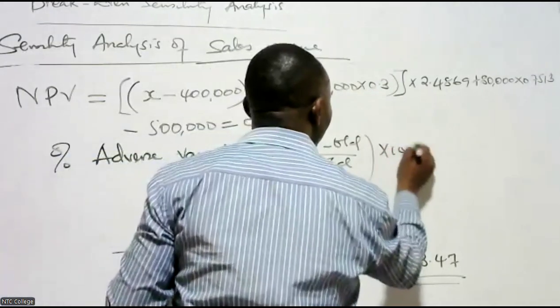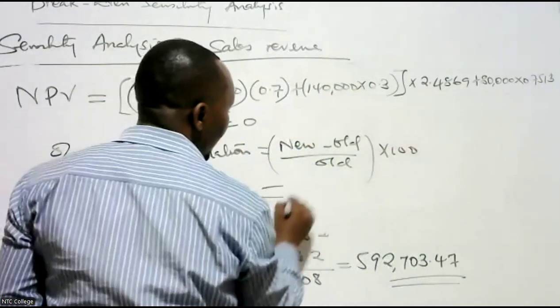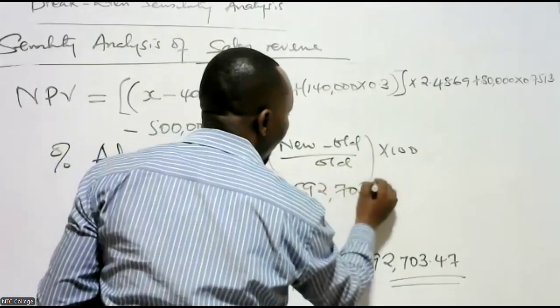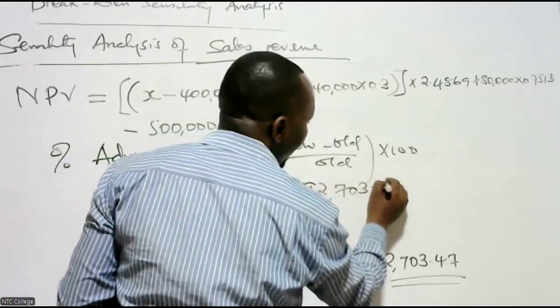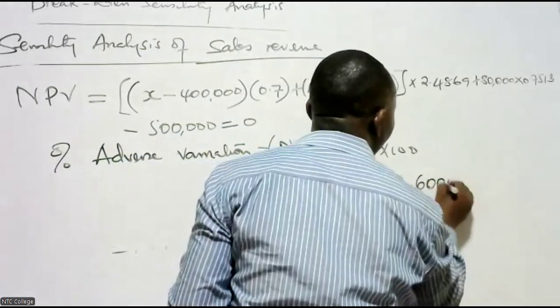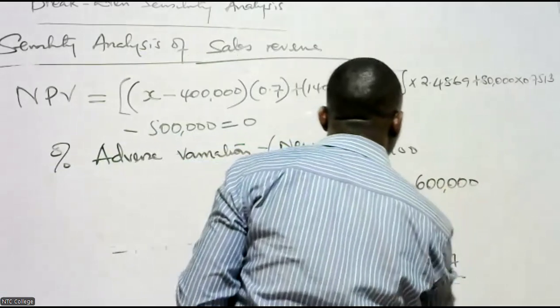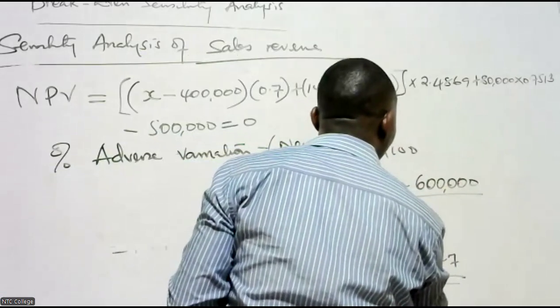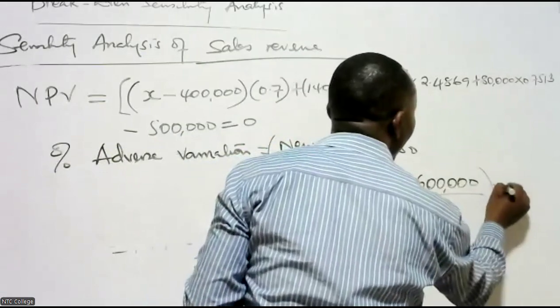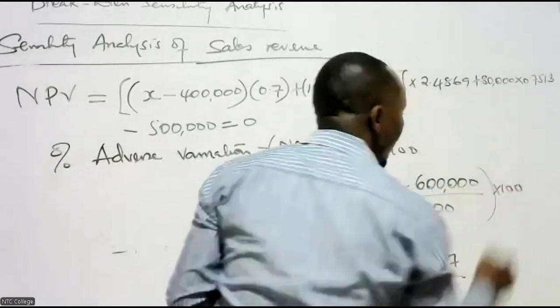Times 100. This is basically the same as new, which is 592,703.45 or even 0.5, the same, minus 600,000 all over 600,000. All these times 100.